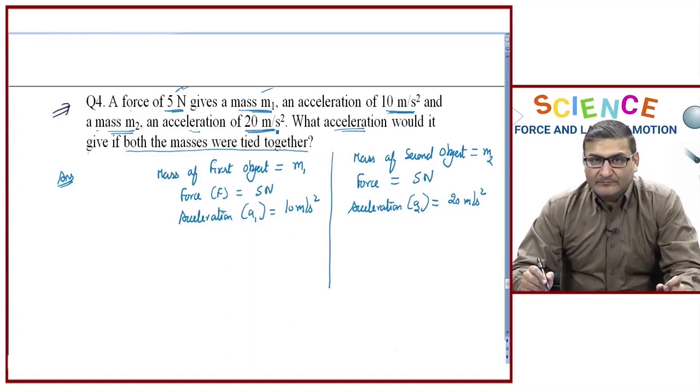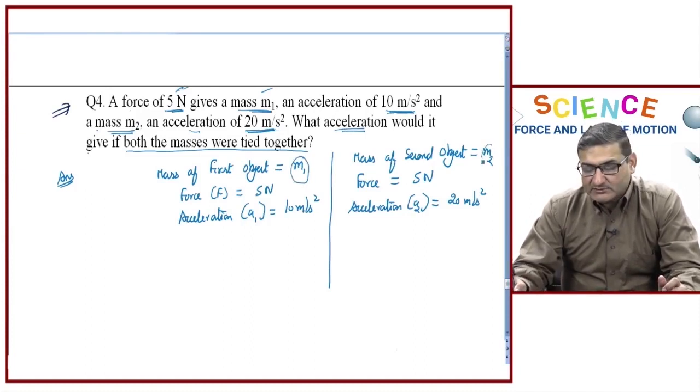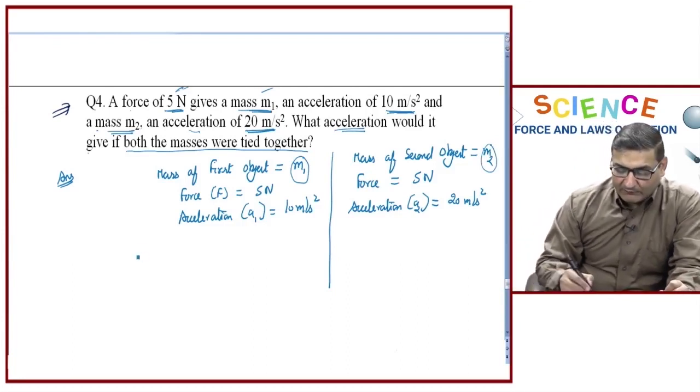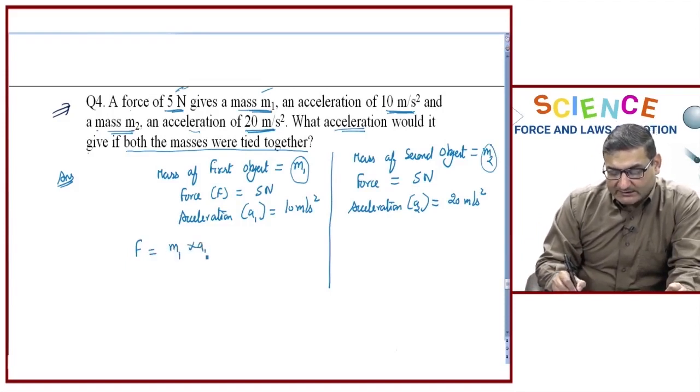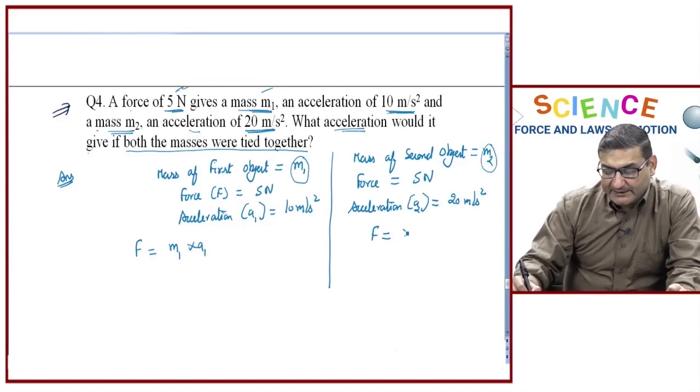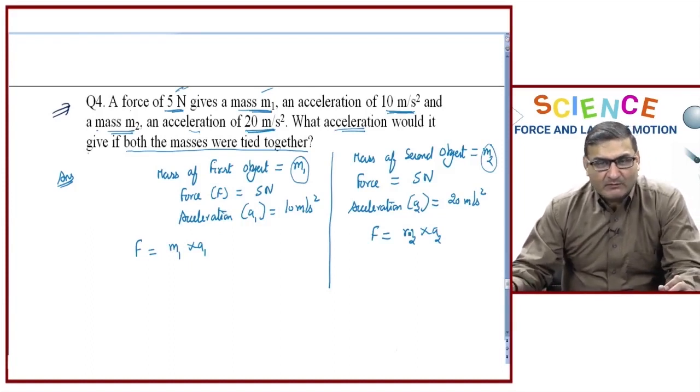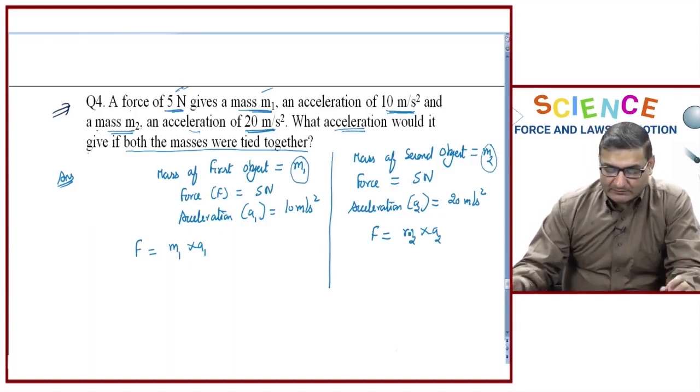So first of all, I need to know what exactly is the mass of the first object and the mass of the second object, and we can find it quite conveniently because the information required is given to us in the question. How? We know that force is equal to mass into acceleration in the first case. Similarly, force is equal to mass into acceleration in the second case. F1 or F2 you could have taken, but the amount of force is the same, so it may be F also.